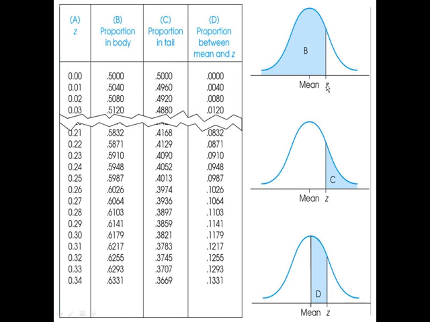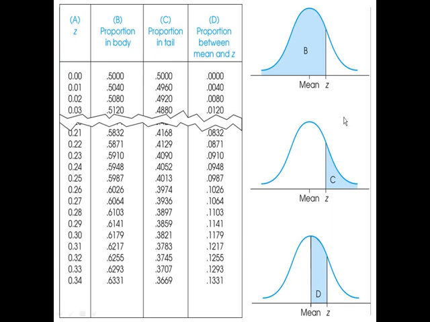That means that the shaded region right here, the proportion in the body, is equal to 0.6293. The unshaded region right here is the proportion in the tail, 0.3707. That's column C.